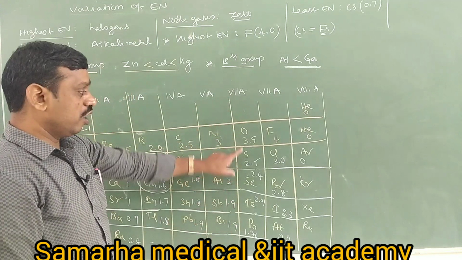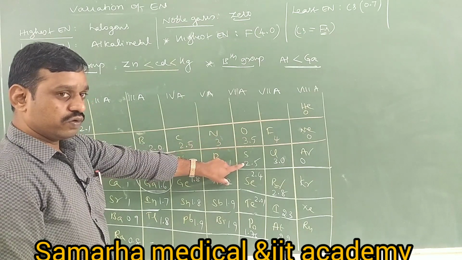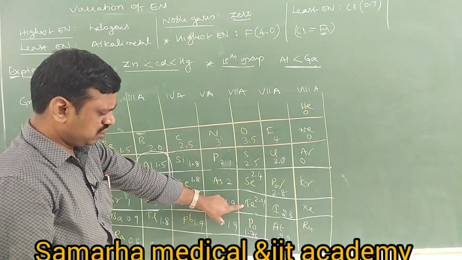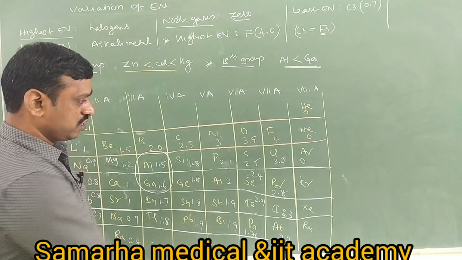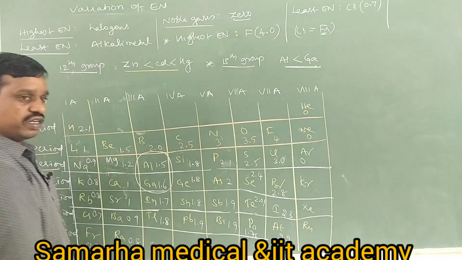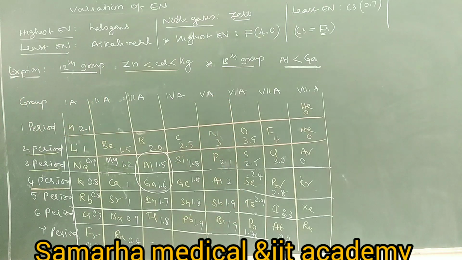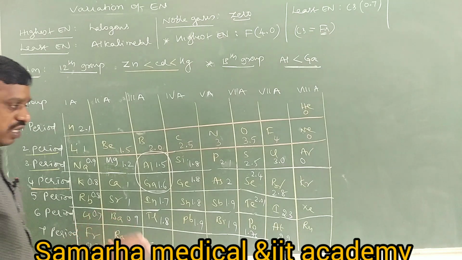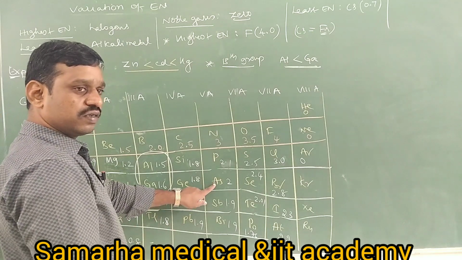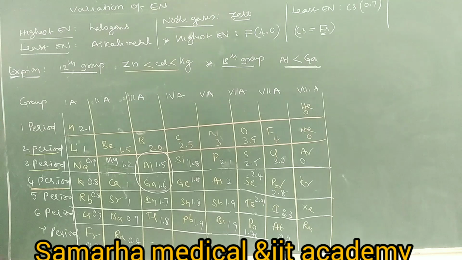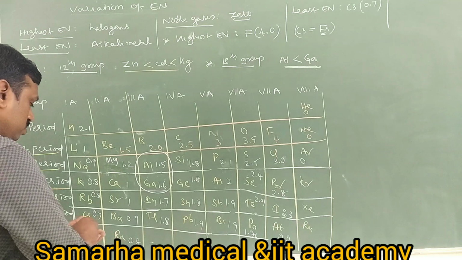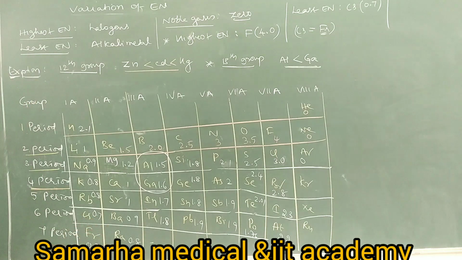Oxygen is 3.5, 2.5, 2.4, 2.01, 1.76. Down the group it gradually decreases. Similarly remember the 15th as well. It helps you a lot to understand the question. You may not get a question directly asking the electronegativity of arsenic, but you will get indirect questions. So this is the variation of electronegativity in groups and periods, including exceptions.